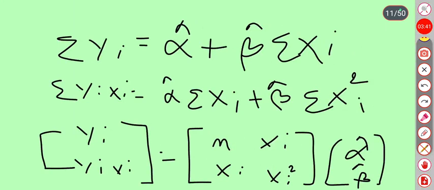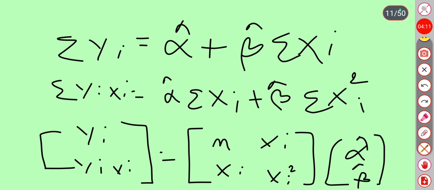Ultimately, from the previous solution, taking the derivative with respect to alpha we get summation yi is equal to n alpha hat plus beta hat summation xi, and taking the derivative with respect to beta hat we get summation yi xi is equal to alpha hat summation xi plus beta hat summation xi square.